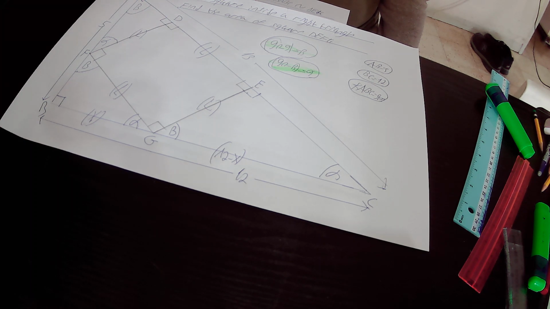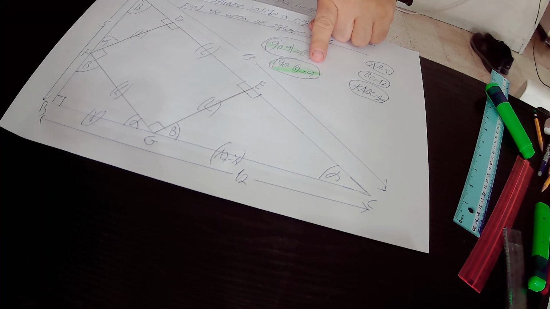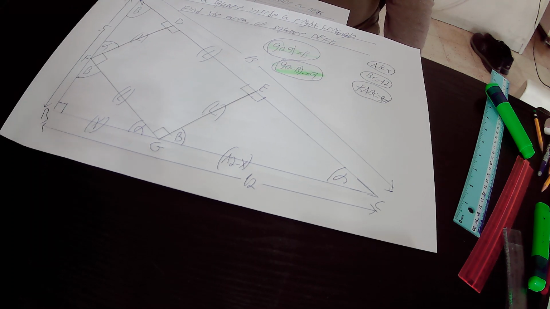In right triangle AFD, this angle equals beta, this angle equals 90 degrees, therefore the missing angle must be equal to 90 degrees minus beta. But 90 degrees minus beta equals alpha, therefore the missing angle must be equal to alpha.